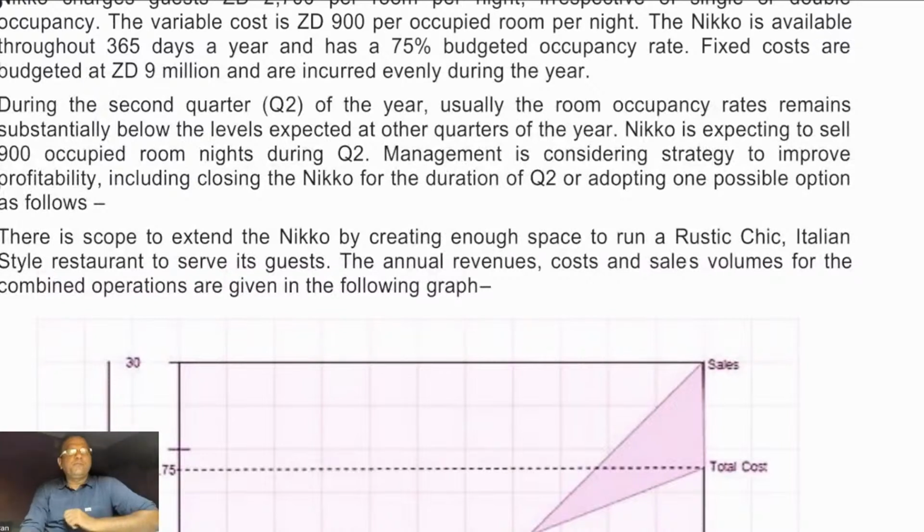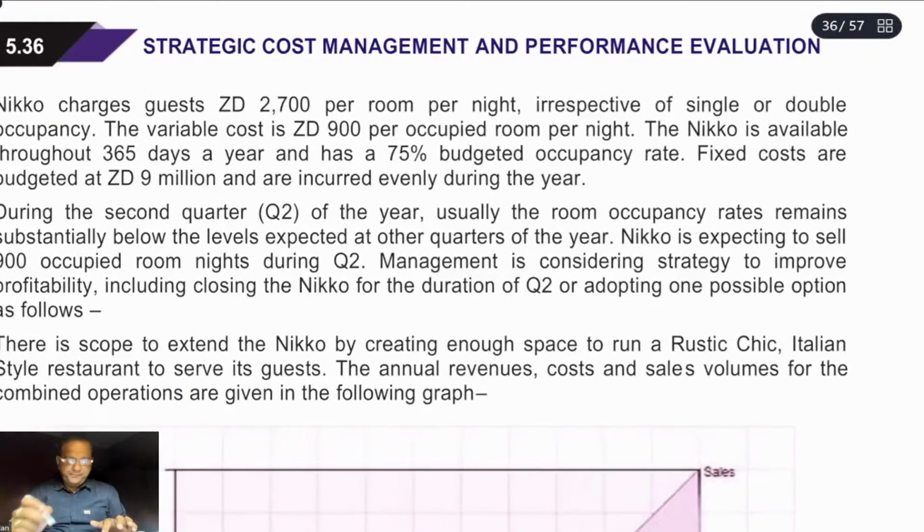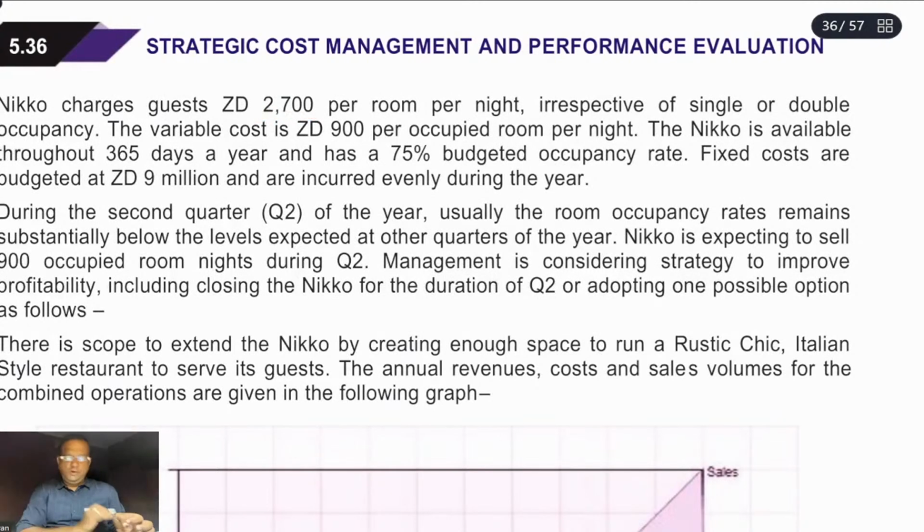First of all, we will find out what is the existing profit that is being earned by the hotel. For that, what we require, we know the room charges. The room charges is 2,700 per room. We know the variable cost.